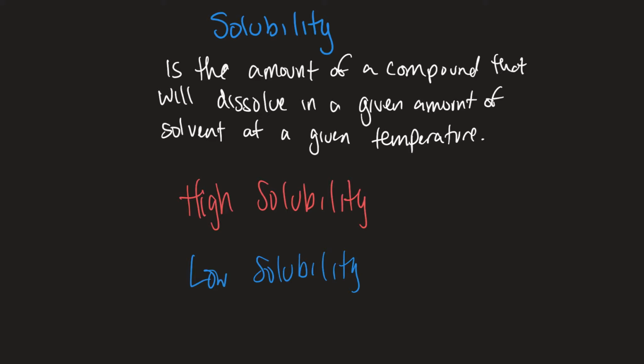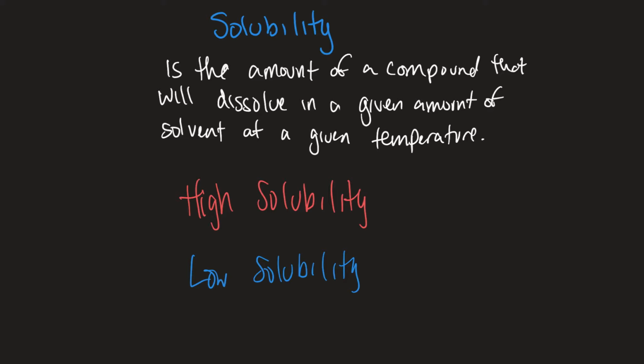And so when we're talking about precipitation reactions, the substance that is being formed, that solid, has low or no solubility. This is the reason why you can actually see the solid in water.